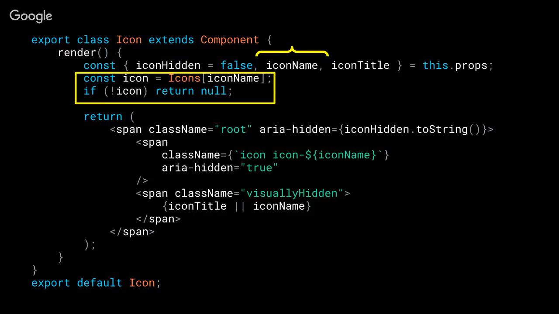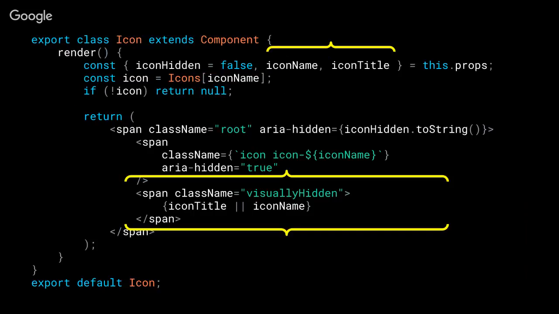A second guardrail we've set up is a check to see if the icon the developer passes into the component is in our icon library. If the icon doesn't exist in the library, the component doesn't render in the app at all. The third guardrail we've set up here is some support for the icon reading out the icon's default alternative text to the screen reader user, unless the user passes in a custom alternative text value.